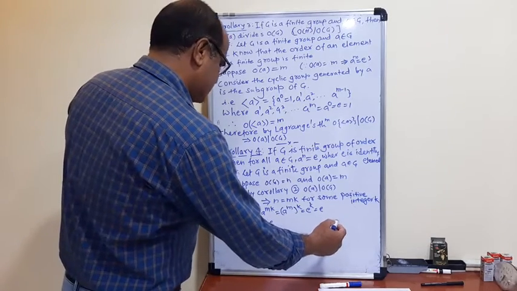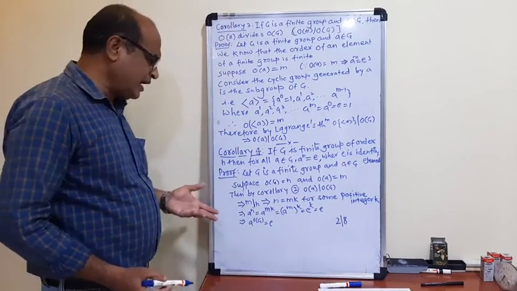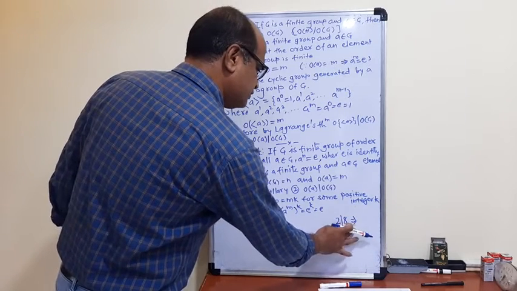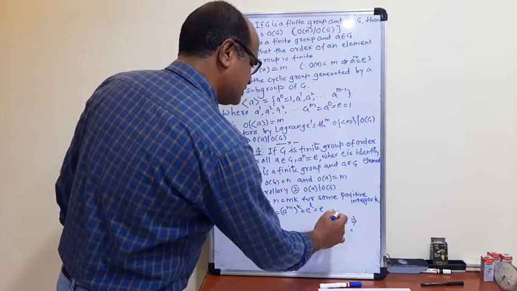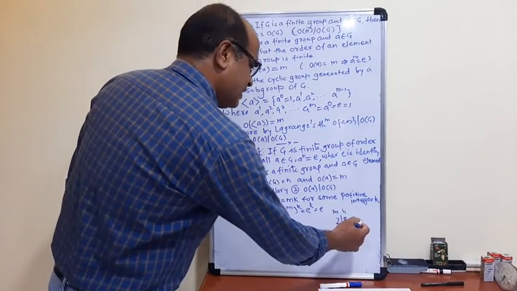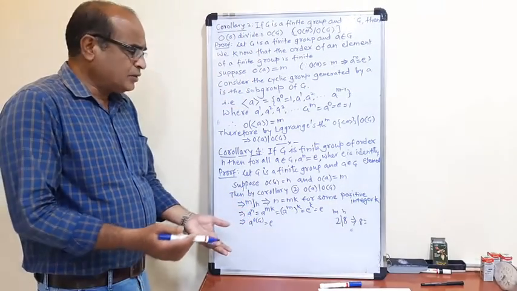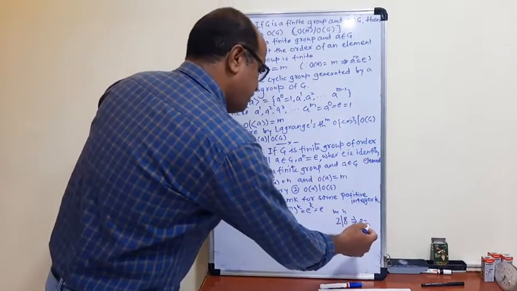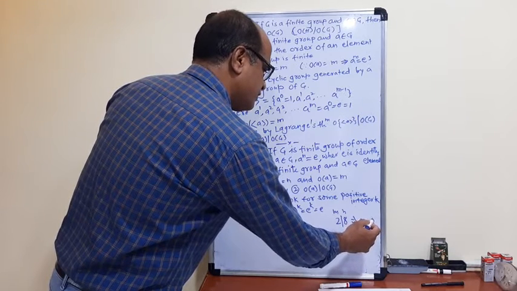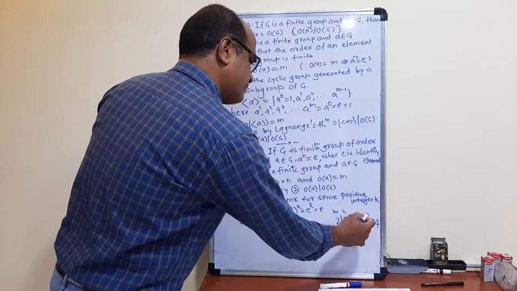For example, 2 divides 8. So we can write 8 as 2 into 4, since 2 fours are 8. Here 2 is m, 8 is n, and 4 is k.